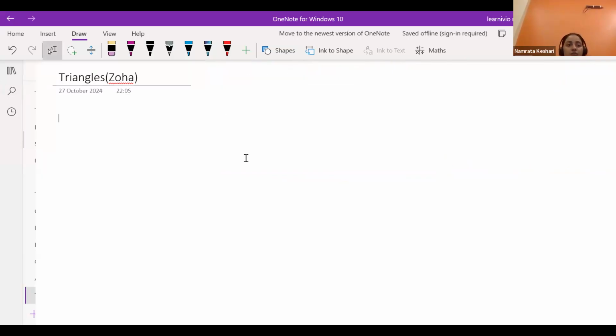So here we are going to discuss similarity. We will also be discussing the basic proportionality theorem over here. Let's get an idea about similarity, then I'm going to take the basic proportionality theorem. Okay.